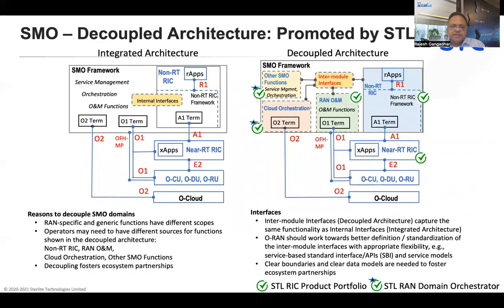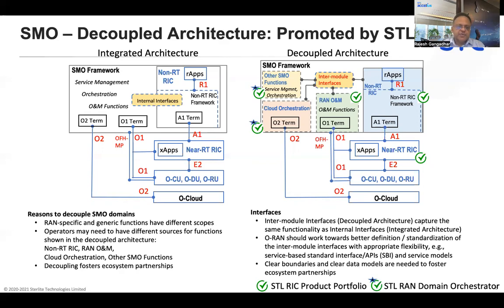So this is a deeper dive on the architecture. The architecture on the left shows the SMO, which is integrated with the non-RT RIC. We strongly believe that the RAN specific functions have to be separate from legacy or perhaps the integrated SMO framework.